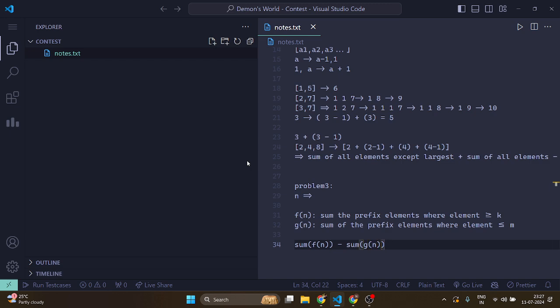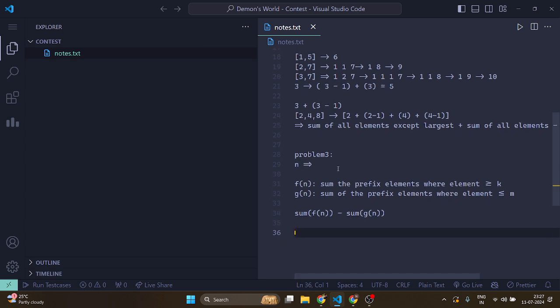The best approach that I came up with, I haven't seen the intended solution, is pretty simple. The answer will be one of the following. Either you go n, n minus 1, n minus 2, n minus 3 and so on until k, followed by 1 to k minus 1, or n minus 1 and so on until m, followed by 1 to m minus 1.